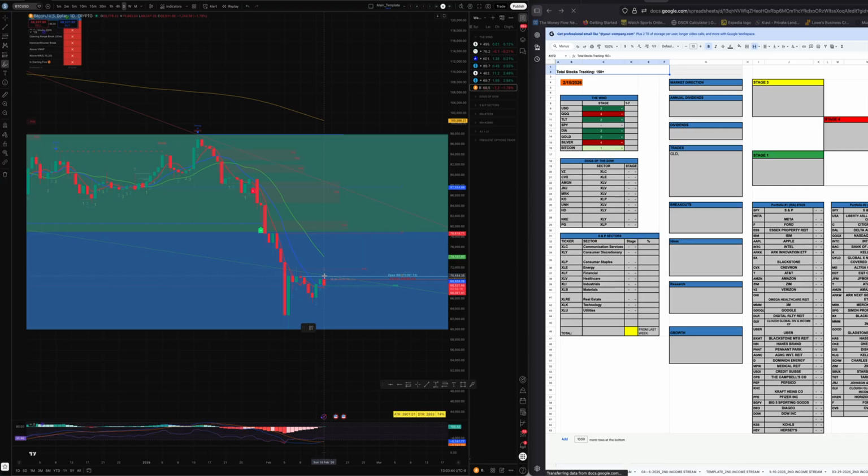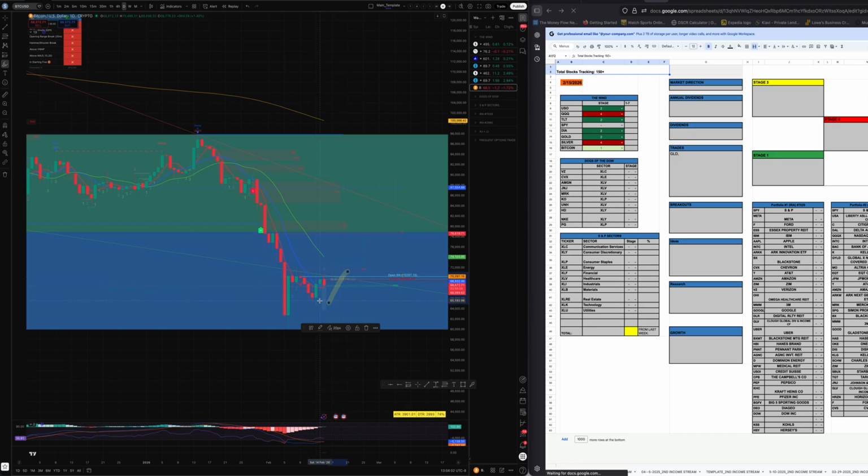I do see this price coming down, either coming down to break this and possibly retest and bounce up from there and break this high. Cool.